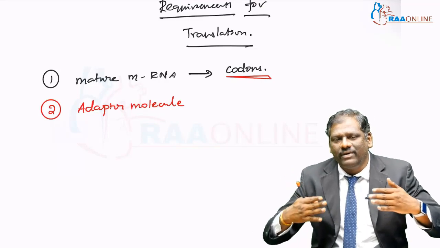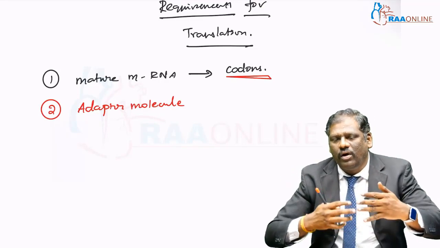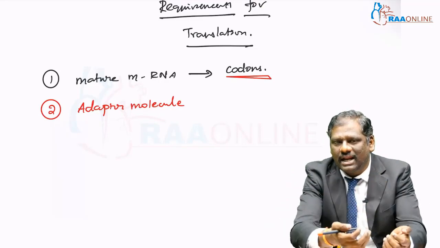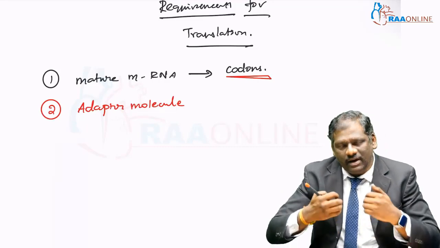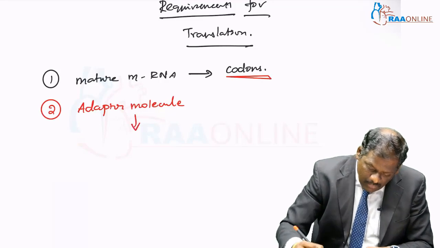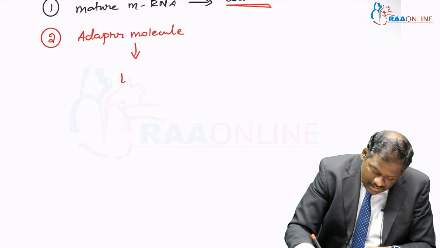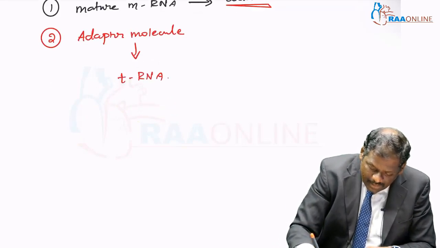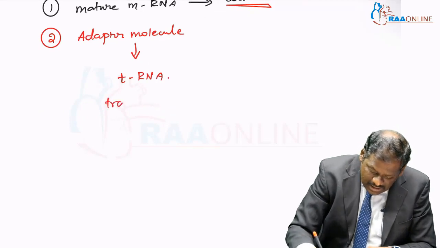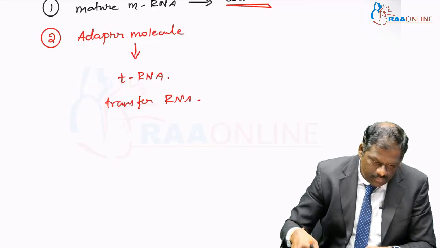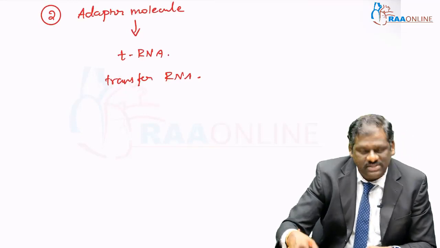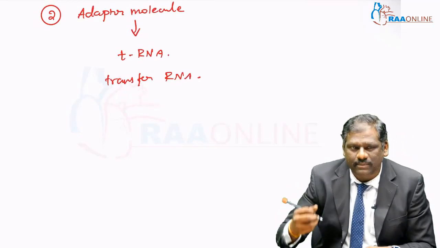So you need an intermediate adapter for decoding this genetic language to that of the protein language. This adapter function is carried out by an RNA called tRNA, otherwise called transfer RNA. So this transfer RNA acts as an adapter molecule.